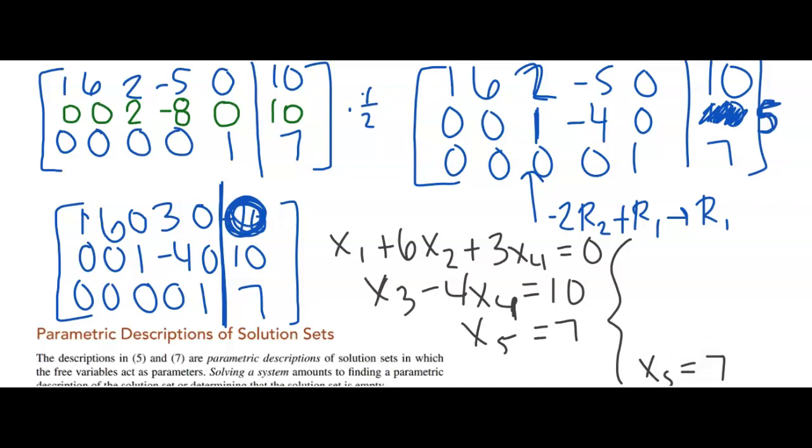Yay. I have no idea what x4 is going to be, so I'm going to say x4 is free. I know that x3 is then 10 plus 4x4.